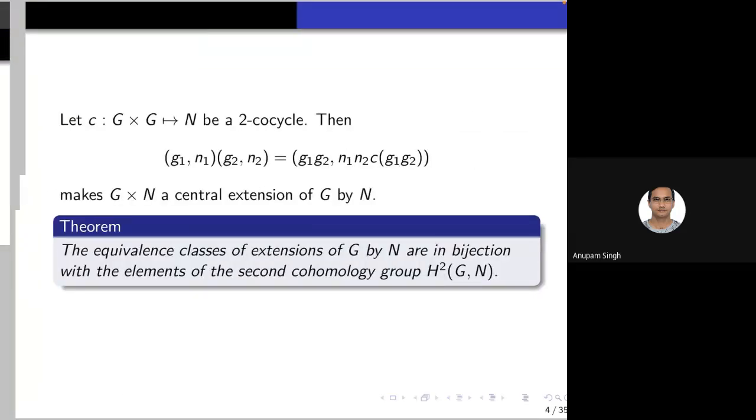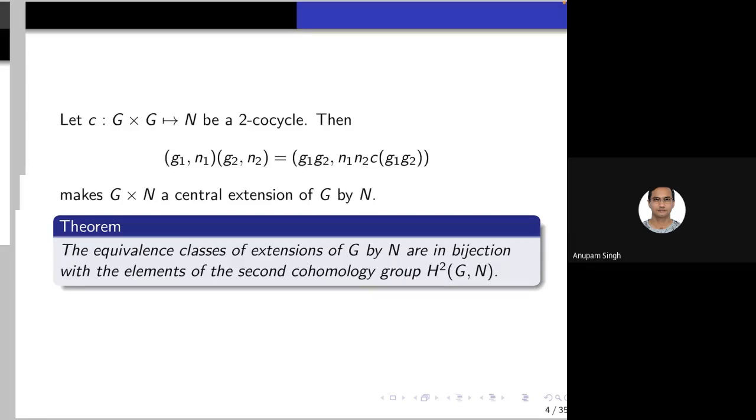Now suppose an element of the second cohomology is given, that is, suppose we start with a two cocycle. That gives us a central extension of G by N in this manner. You take the Cartesian product G cross N, and then define the binary operation (g1, n1)(g2, n2) equals (g1 g2, n1 n2 c(g1, g2)).